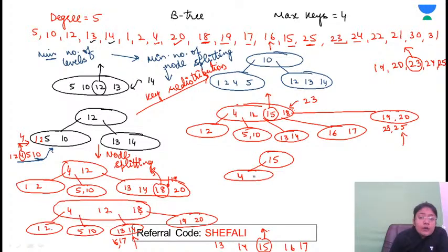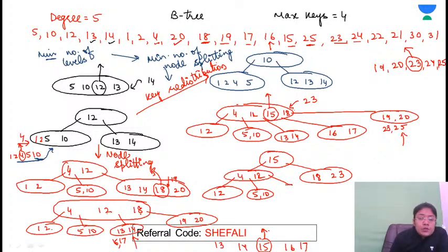4 and 12 we have here, and here we have 18 and 23. On the left we have 1, 2. On the right we have 5 and 10. In nodes में कोई change नहीं है.